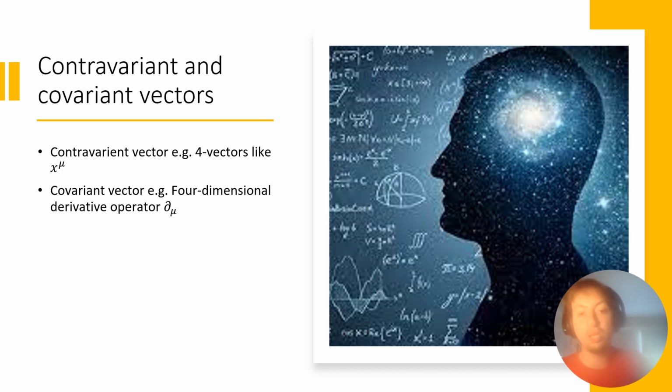Now, an example of a naturally covariant vector is the 4-dimensional derivative operator. And this is 4-dimensional because it differentiates contravariant 4 vectors in space-time. And because it's differentiating a 4 vector, this object needs to be a 4-dimensional version of the derivatives one is used to dealing with.